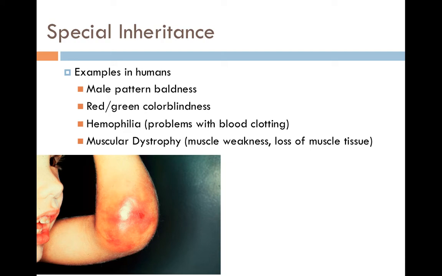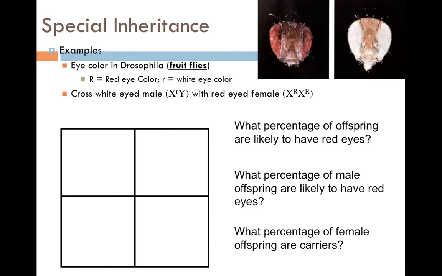They have to go to the hospital and be given artificial clotting factors because they won't stop bleeding on their own. Muscular dystrophy is another example, and that's over time. It's degenerative muscle weakness, loss of muscle tissue, again, over time. So not something that you would want to get, but again, these are kind of a range.